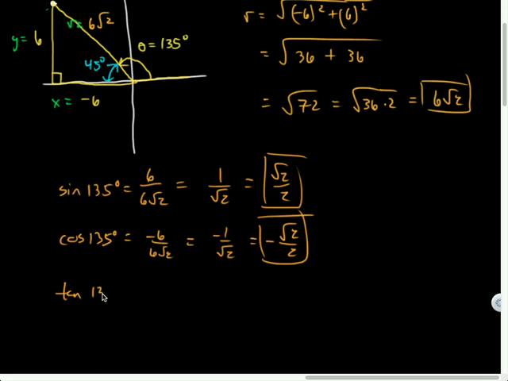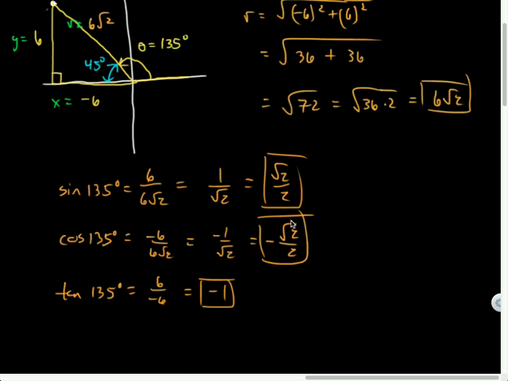And tan 135 would be opposite over adjacent, so that's 6 over negative 6, or negative 1. And notice that the signs of all of these happen to work out properly. Sine is positive in quadrant 2, cosine's negative, and tangent's negative because sine and cosine have different signs.